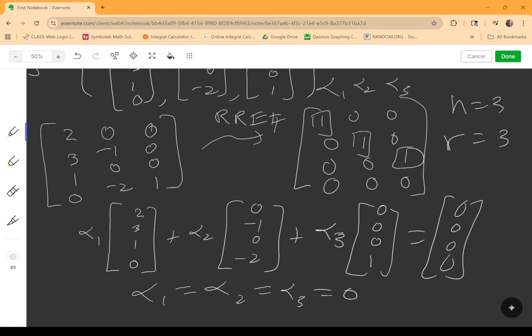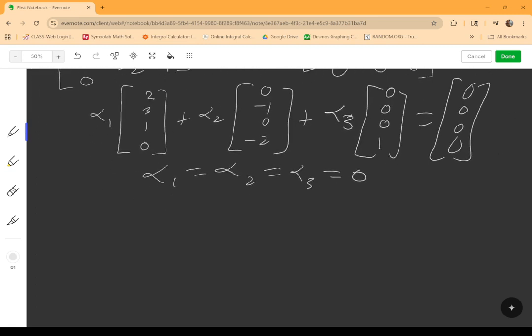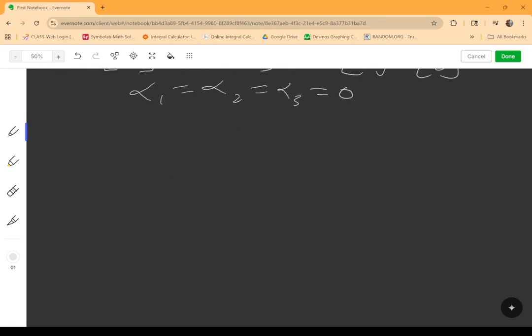All right, so all that theorem is telling me is that the number of pivot columns should be the exact same as the number of vectors. Now, as you can see, there are some limitations as to how large a set of vectors I can have that are linearly independent.